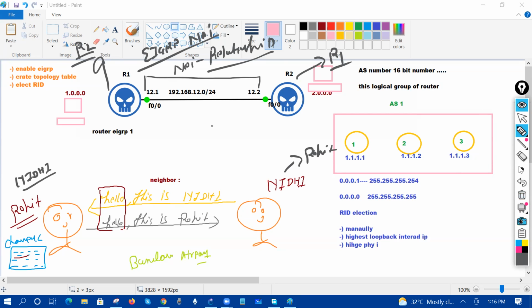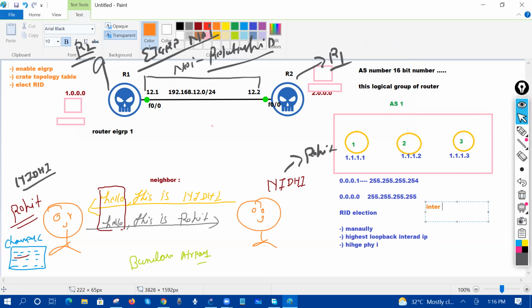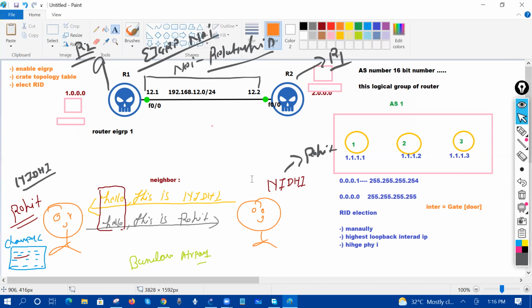What I told you, if you remember the first day of the routing batch, your interface behaves like what? Your interface behaves like a gate, a door, right? We can say that an interface behaves like a gateway. So right now, this interface has no idea about EIGRP, and even this interface has no idea about EIGRP.